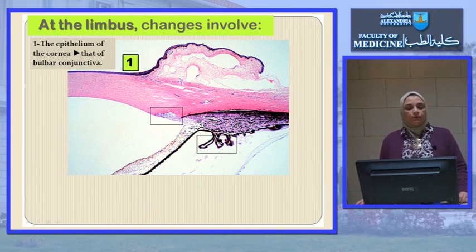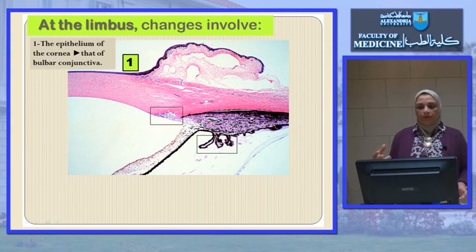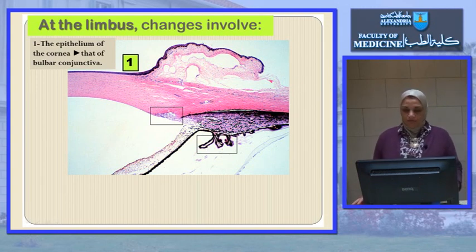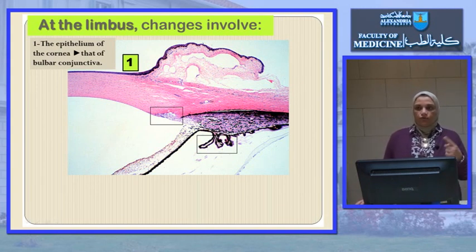Then what will happen? We'll find another structure called conjunctiva. What's this conjunctiva? Conjunctiva is a mucous membrane which is covering the front of your eye, starting from the corneoscleral junction. So the conjunctiva is not covering the cornea. This is very important.